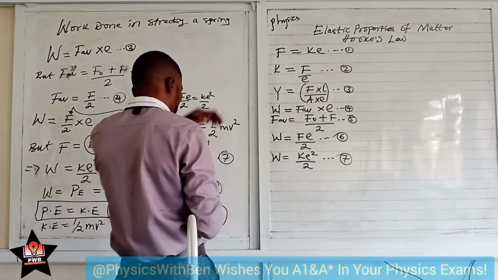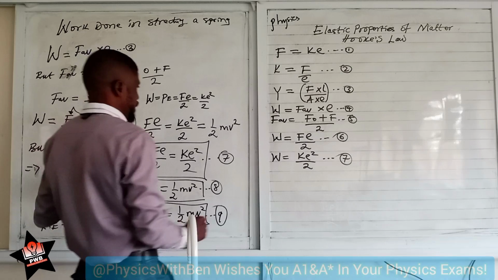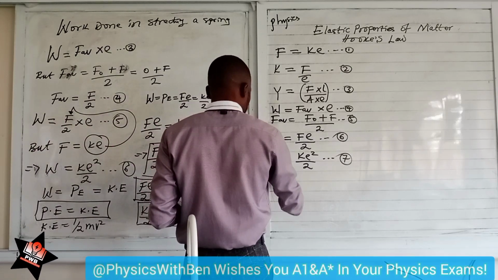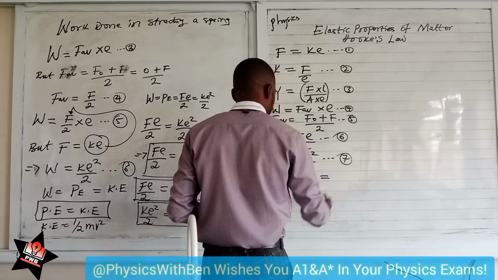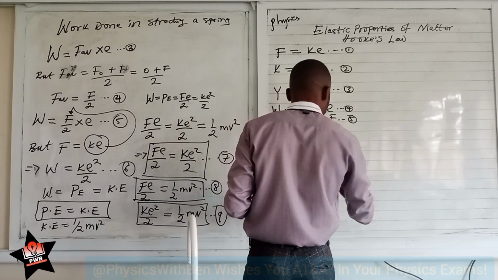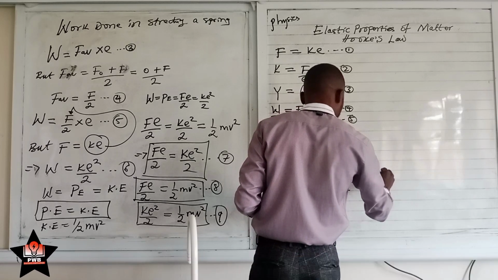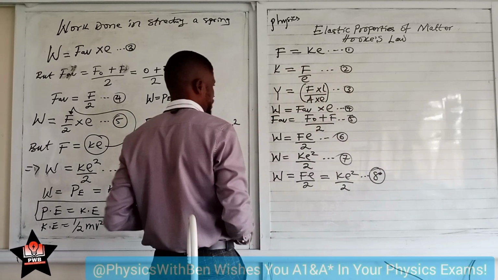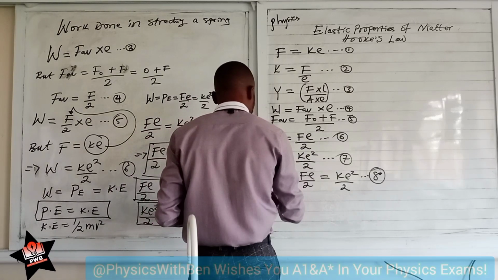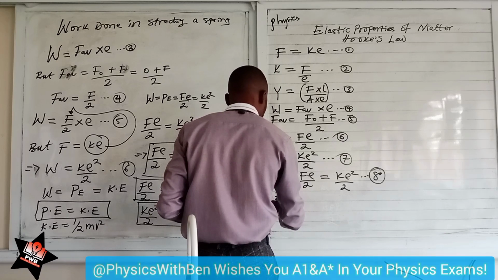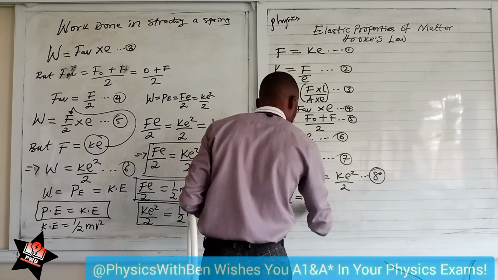The other one is, from here we say that this same work done is equal to Fe all over 2, is equal to Ke squared all over 2. Call this equation 8 star. And then you also have your Fe all over 2 is equal to Ke squared all over 2.